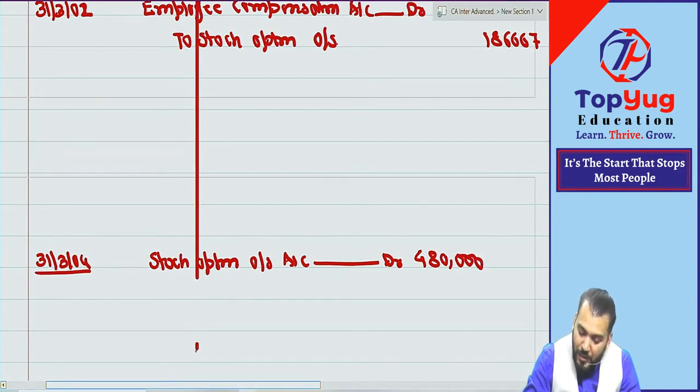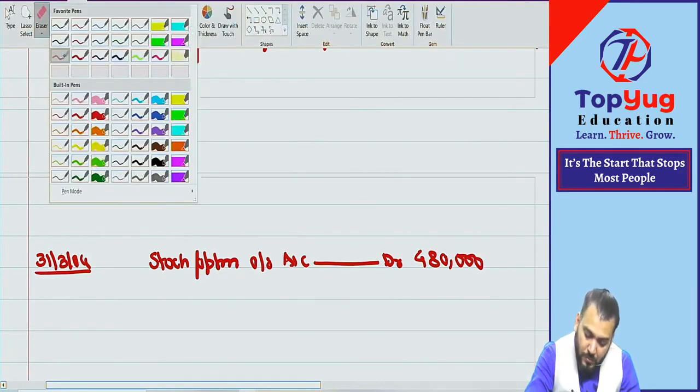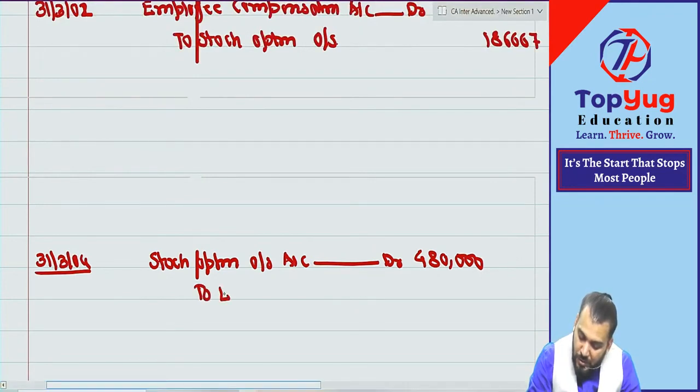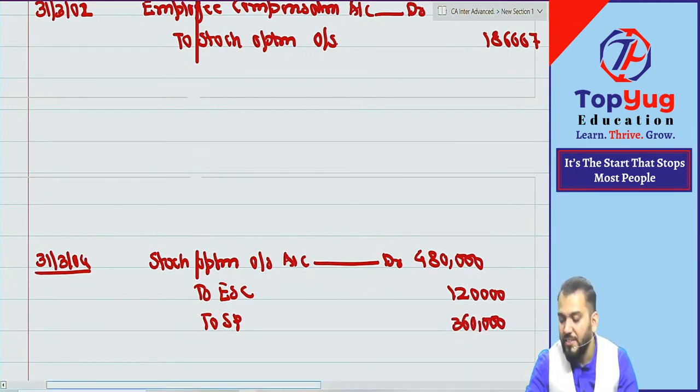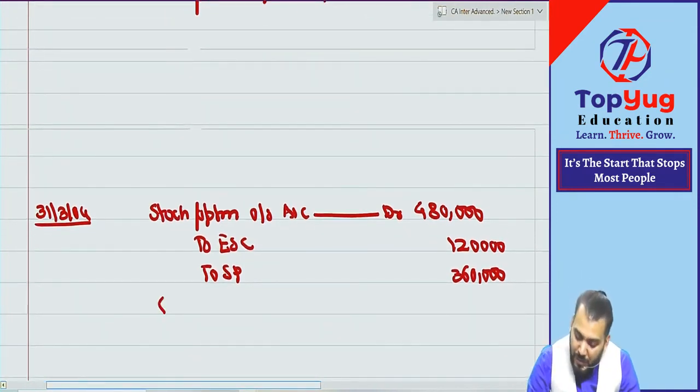And they have given the nominal value: to equity share capital 12,000 into 10, and to securities premium, the balancing figure, 3,60,000, being options exercised.